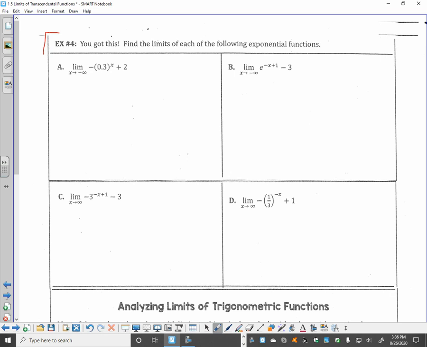Okay. So now I have a limit and I have no graph, and this would be calculator inactive. So let's see. This is 0.3, so that's decay. The +2 on the end is going to go up 2, and the negative in the front is going to flip. So he starts there, and we're going to go up 2.